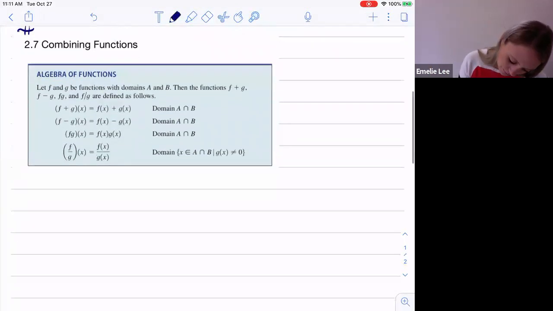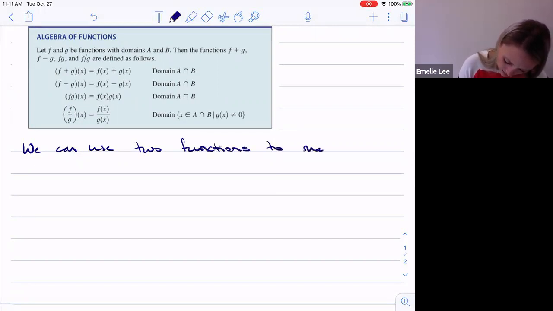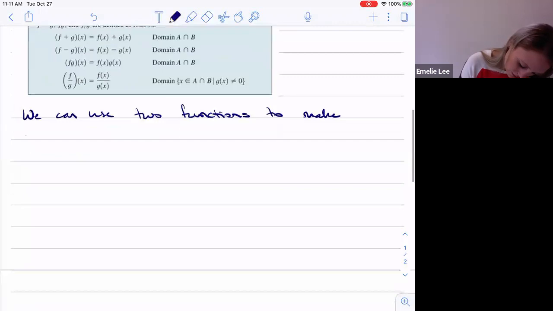And so we can use two functions to make new functions using function algebra.